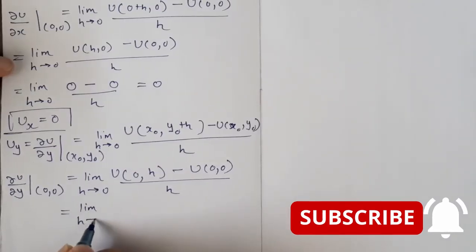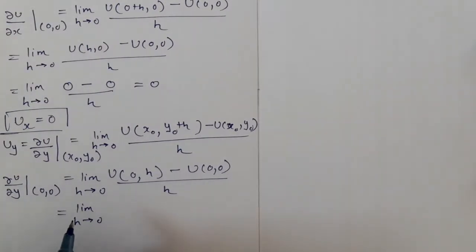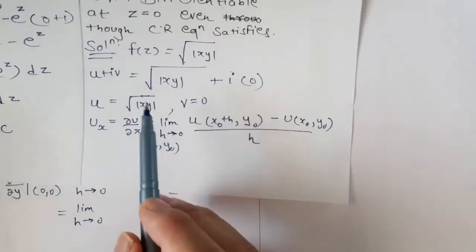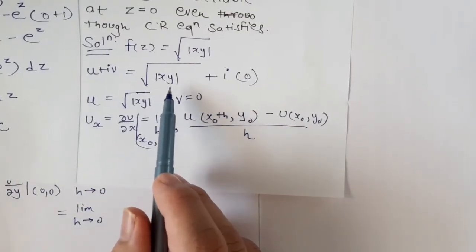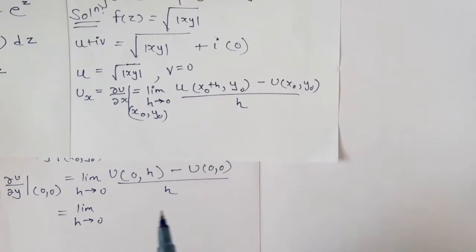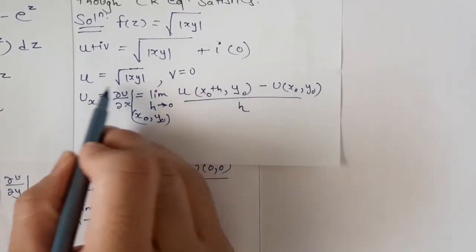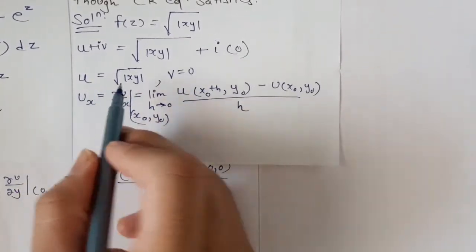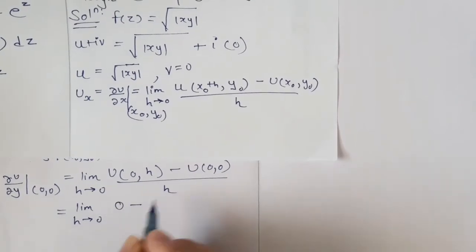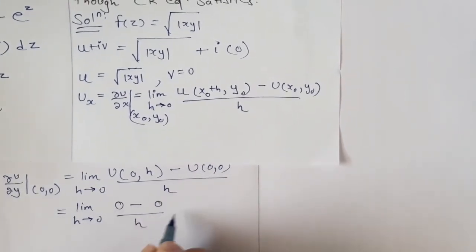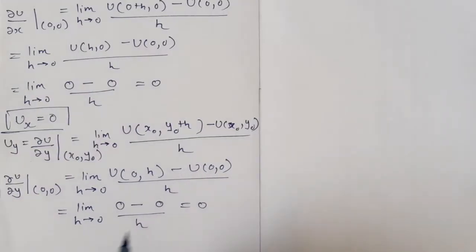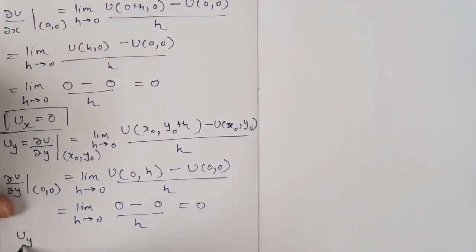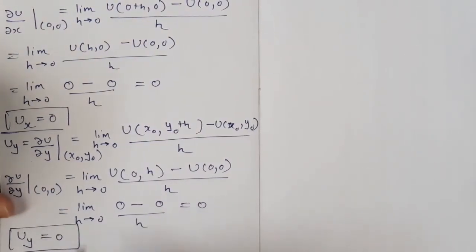So we will write limit h tends to 0. What is u of 0 comma h? It is also 0, because we have to write 0 in the place of x and h in the place of y. So we get u equals to 0. And u of 0 0 is also 0 divided by h. So we get 0. Okay. That means uy is also 0.